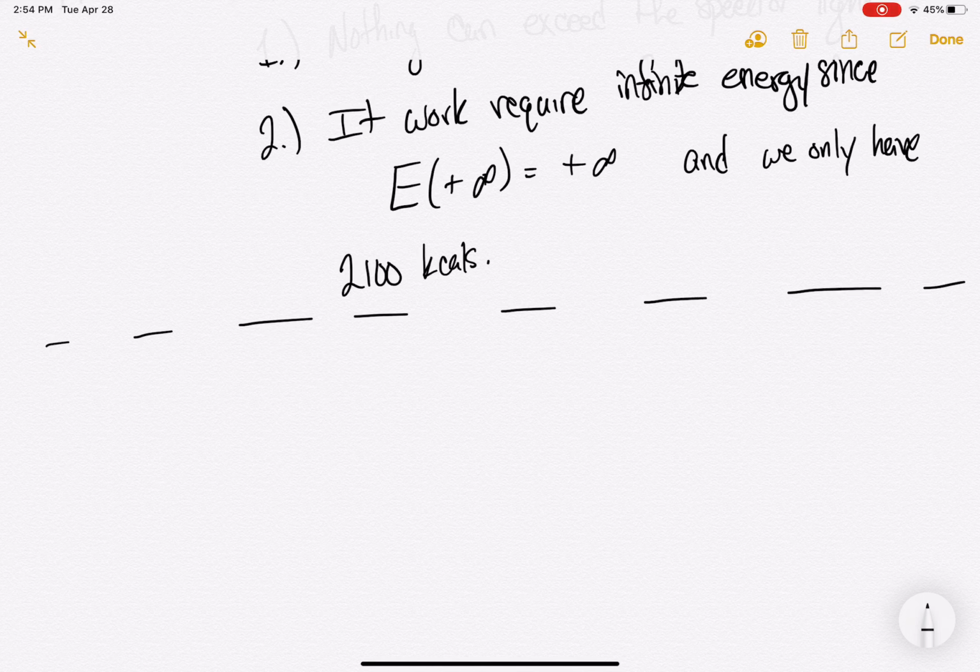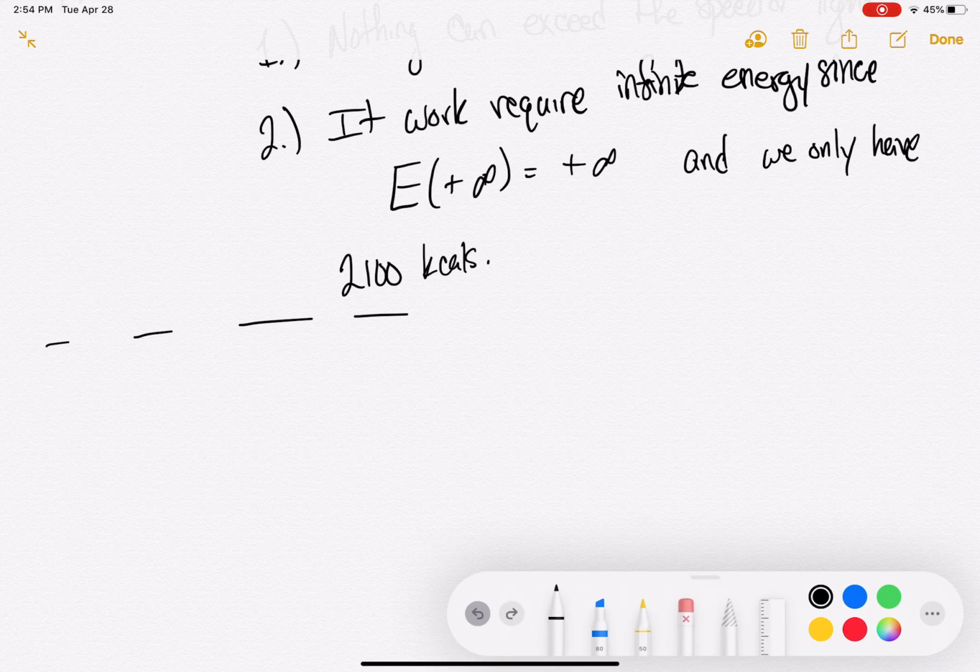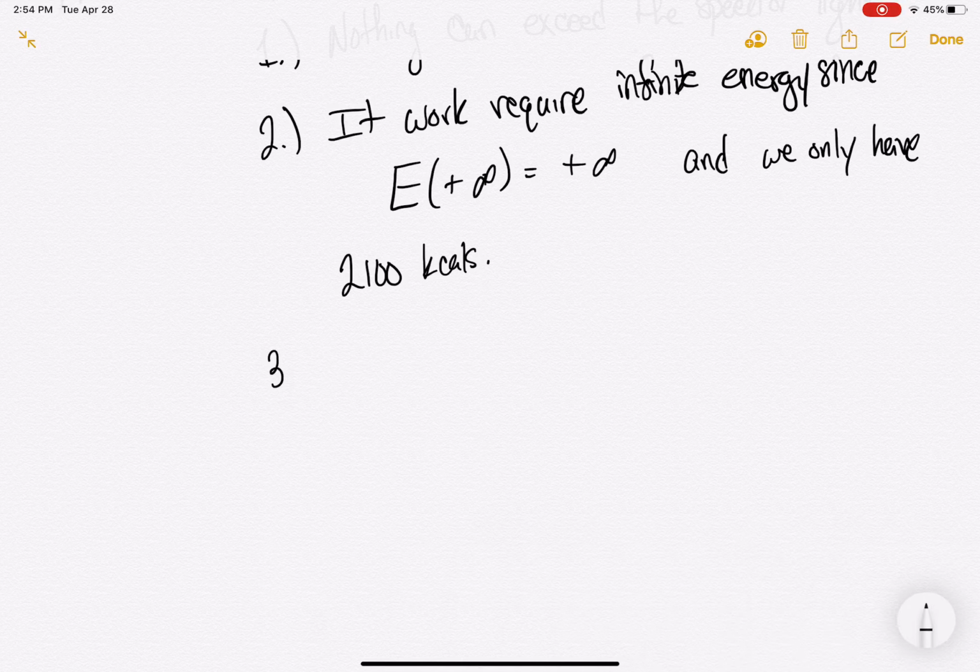And I guess three would be that it's not the answer that the exam gives. That's always a safe bet too. Maybe I'll write that down. 3, it's not the answer the exam gives.